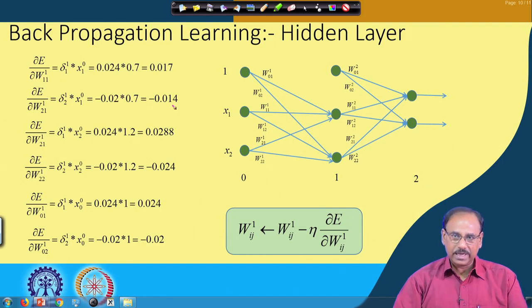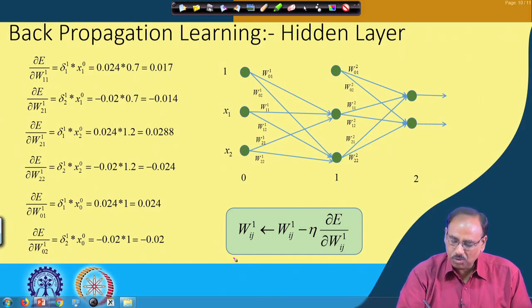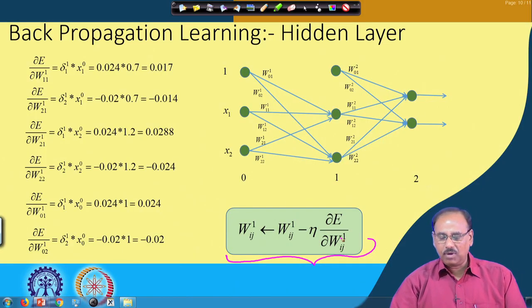W021 is the bias of the second node, which comes out to be minus 0.02. And once I compute all these, my weight updation rule is as before: wij1 gets wij1 minus eta times del E del wij1.